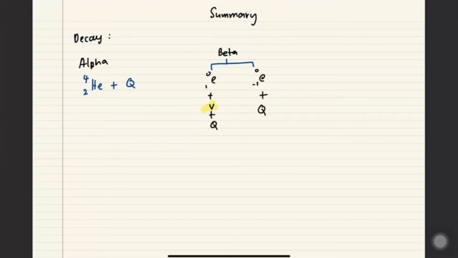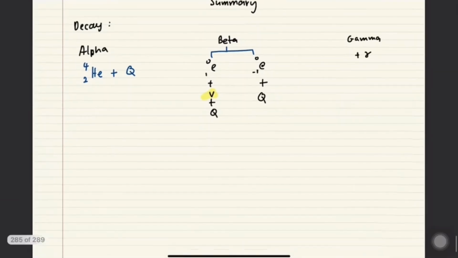And the last decay is gamma. Gamma is the easiest, you just add gamma. Okay, that is about decay. There are 4 and you need to know what each one is.